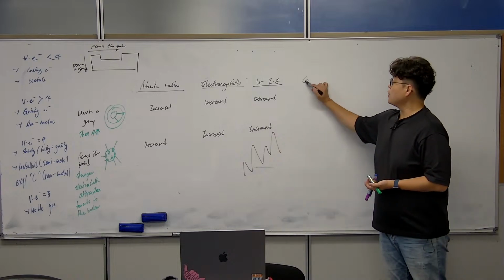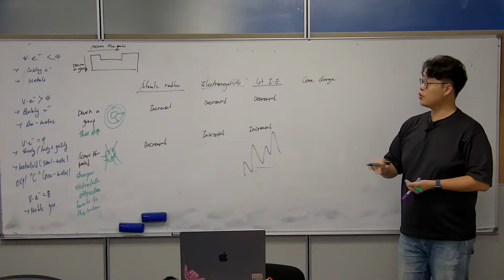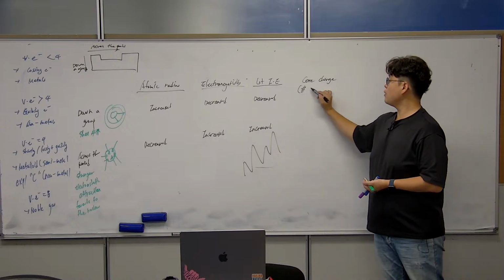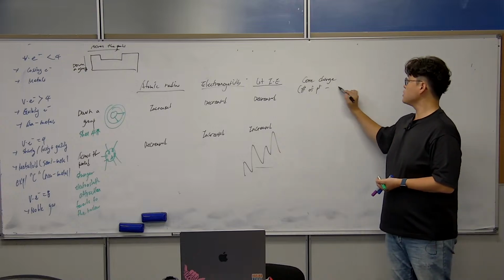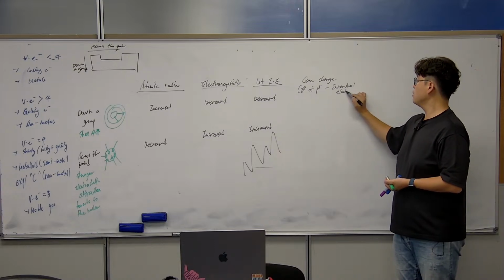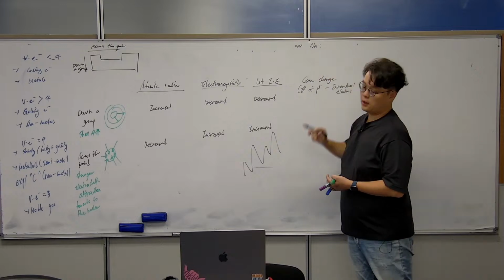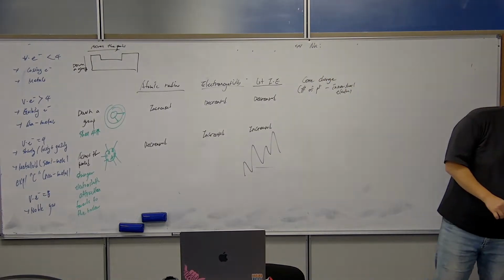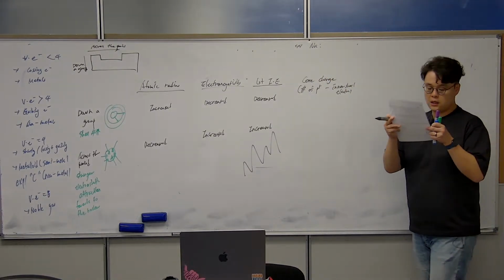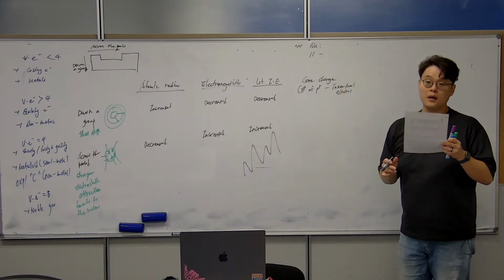Okay, core charge. What is core charge? Core charge means the total number of protons minus the inner shell electrons. So for example, sodium. Sodium has an atomic number of 11.